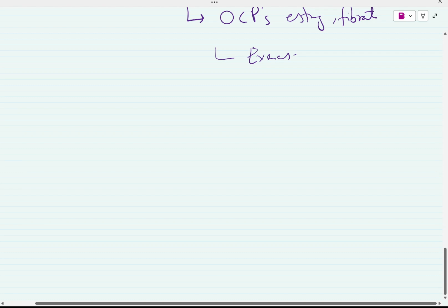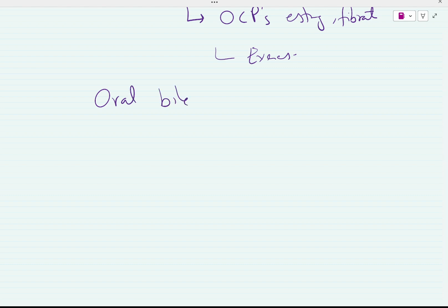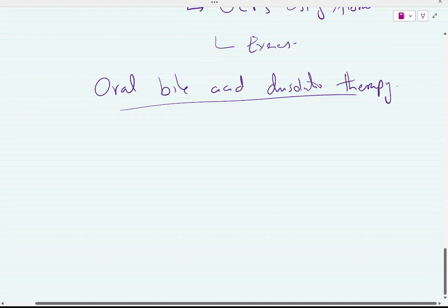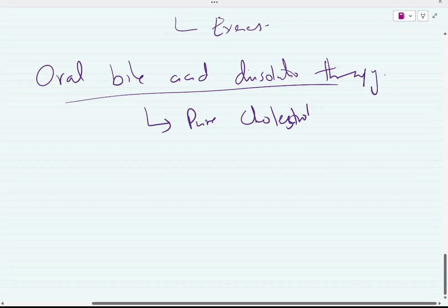Next, we can give some medication. We can give oral bile acid dissolution therapy. If a patient has pure cholesterol stones, let's revise the nature of pure cholesterol stones on X-ray: they are pure radiolucent.